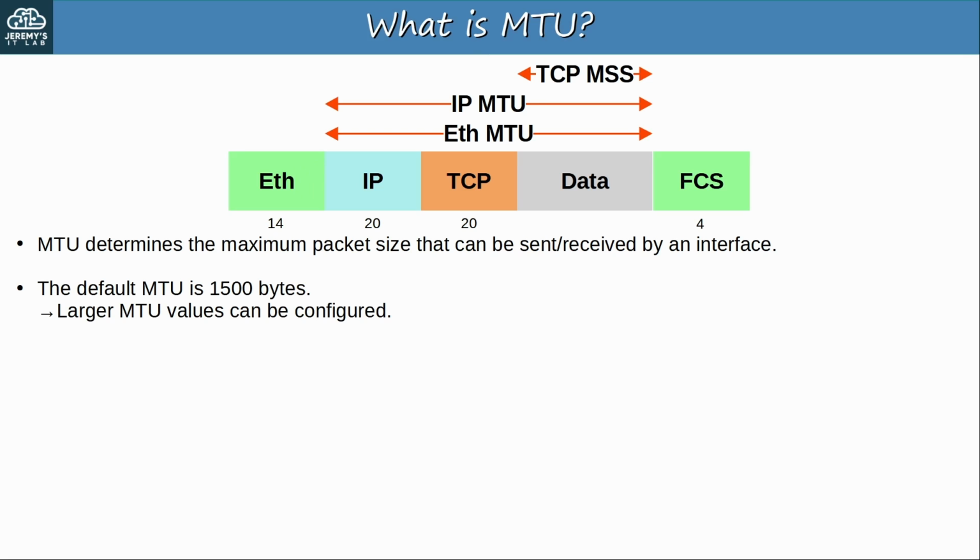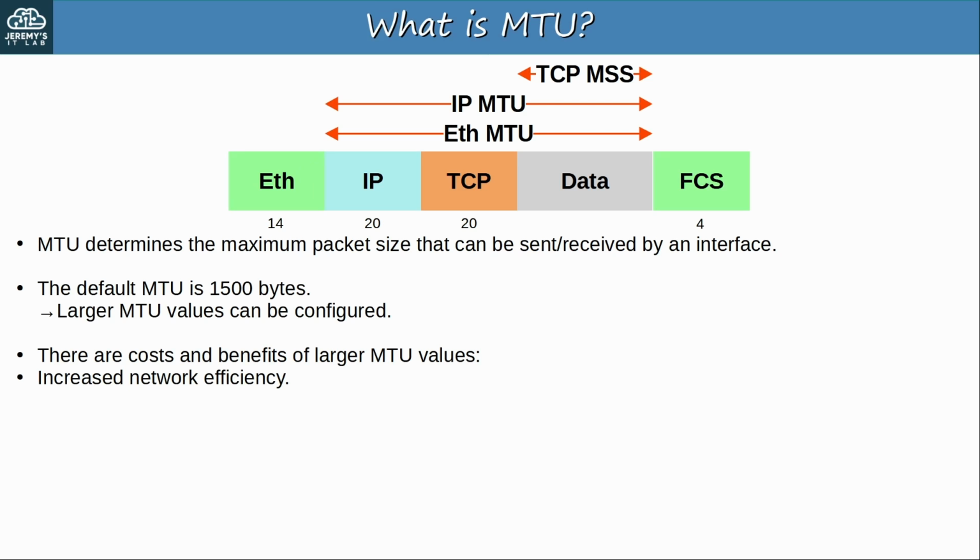And how does a larger MTU affect network communications? There are both costs and benefits of larger MTU values. A larger MTU value can increase network efficiency. How does it do that? It increases the data-to-header ratio.